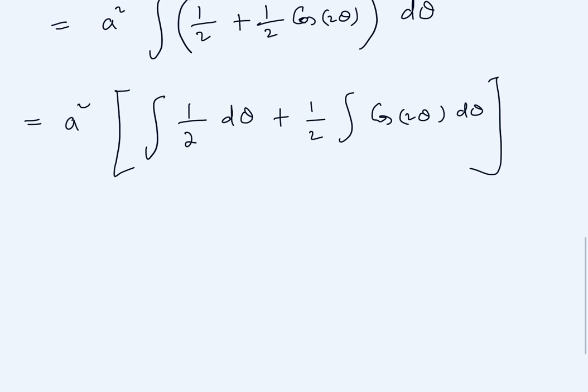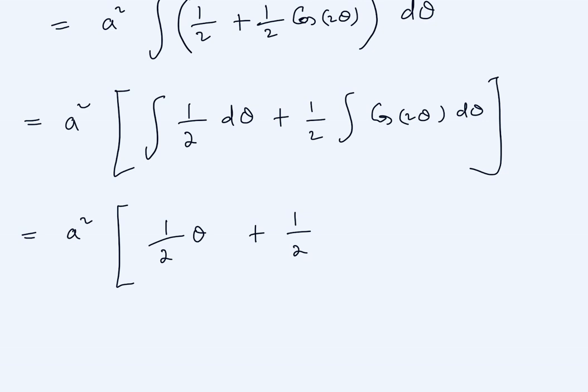So now we go ahead and integrate each of these terms. We've got a squared outside, square bracket. The integral of half with respect to theta is obviously a half multiplied by theta, plus half outside here. And for the integral of cos 2 theta, you can look in the formula sheet again to find the formula that corresponds to this integral.